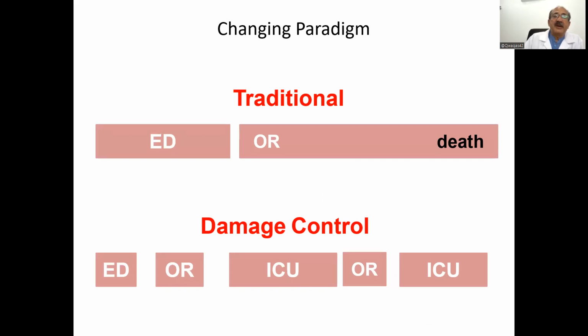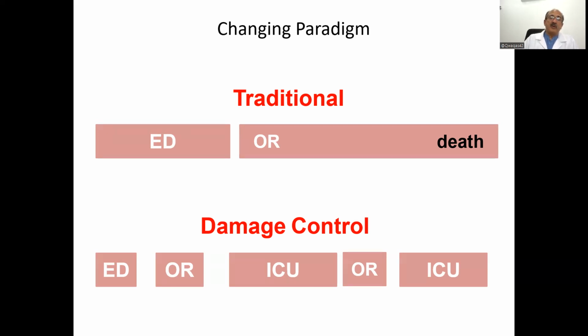Now, what is the changing paradigm? Traditional versus damage control. Traditionally, all resuscitation used to be done in the emergency department, and then patients used to be brought to the OR. It was not a good outcome.